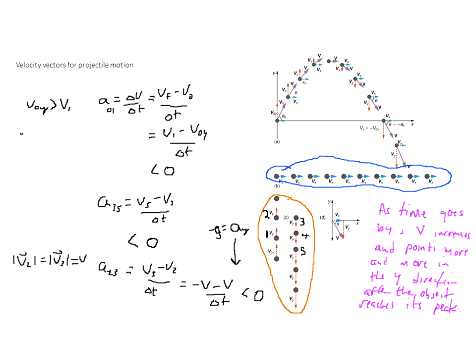So some key things here. Key points: Vx is constant. Ax equals 0.